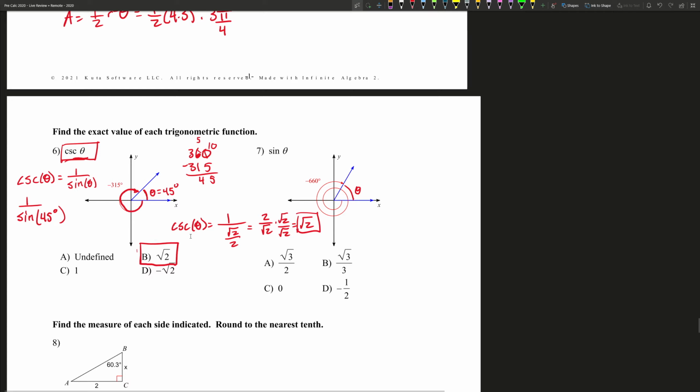Okay, and I wrote that really fast, so I want to give people time to look at that. I'm going to explain that one more time, though, right? So 1 over sine of 45 degrees, that's equal to rad 2 over 2. That's the y-coordinate at 45 degrees.